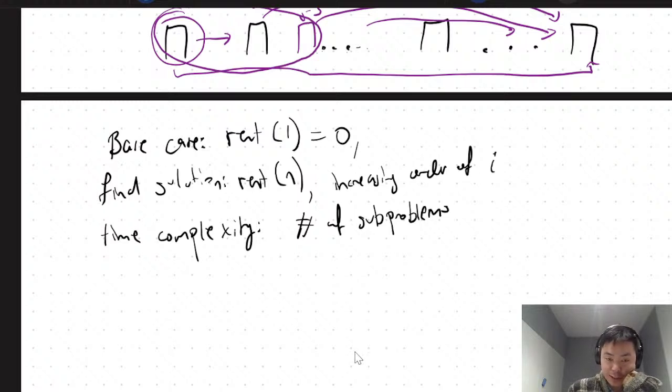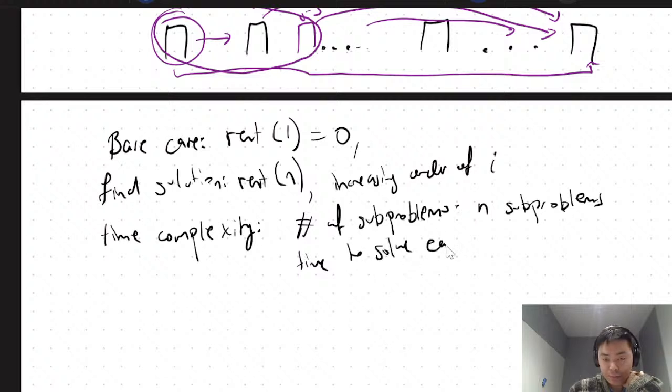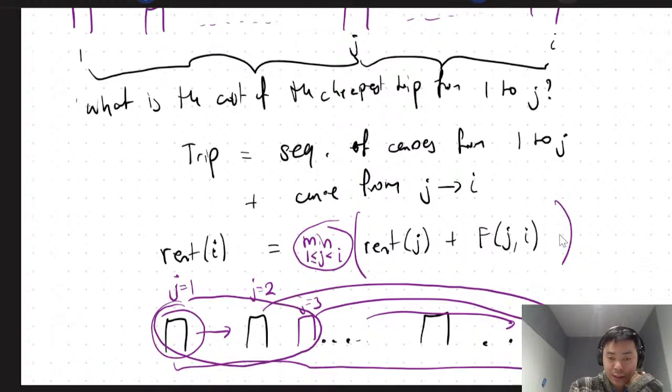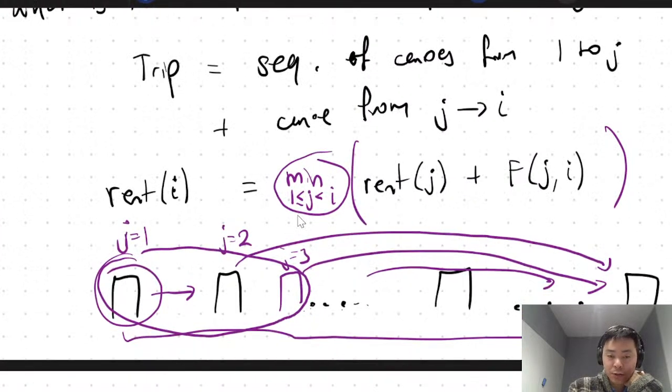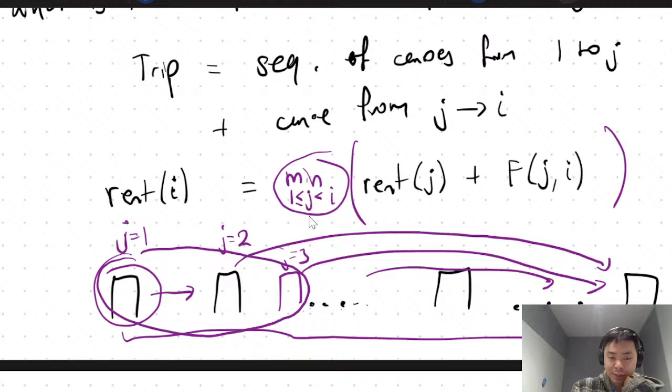Yeah, cool. So there are n subproblems. And how long does it take approximately to solve each subproblem? So if I look at the recurrence, I'm looping through all of the possible values for j between 1 and i. So how much work do I need to do to solve my subproblem?